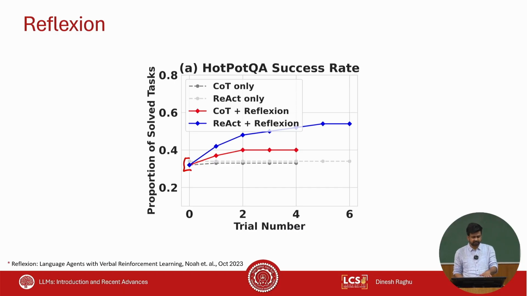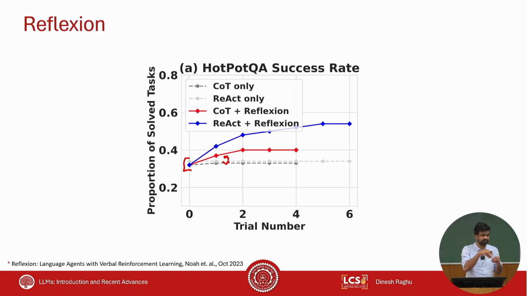So again, you should take this graph with a pinch of salt, mainly because the evaluator they used looks at the ground truth and says whether it's correct or not. It doesn't say what is the right answer, but it just says whether the answer is right or not. So technically these two are not comparable, right? Because you have this additional information. The evaluator looks at the ground truth and says whether it's correct or incorrect, 0 or 1.